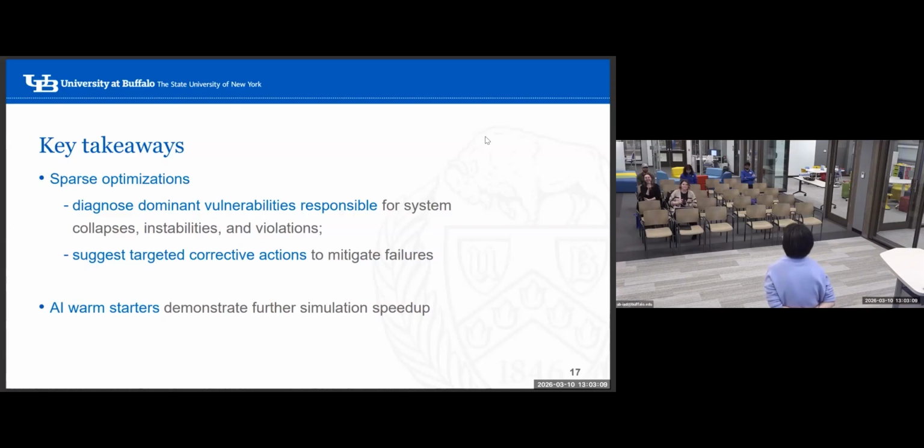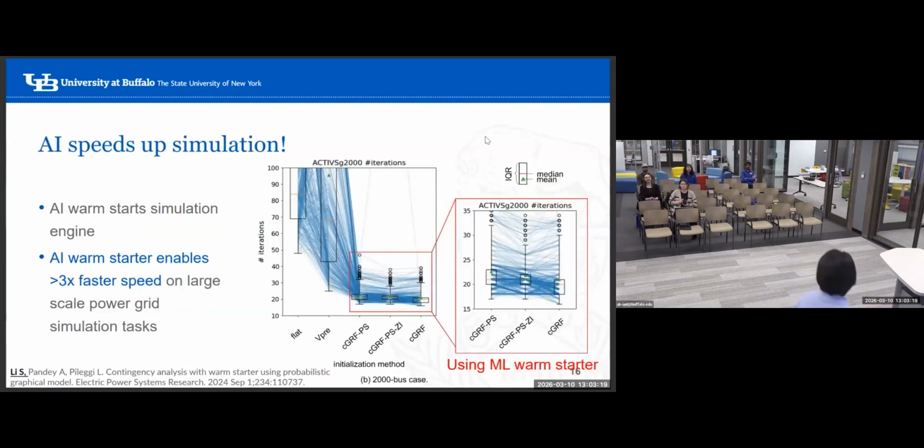A really interesting talk. I was curious if you could say a little bit more about your AI warm starters. Was it like a neural net, or how exactly did you implement that? Yeah, it is a neural network, but it's more like a graphical model, since power systems can have different network structures. So how could we make the model generalize to different network structures?